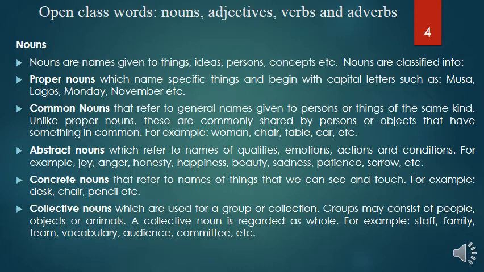There is also a collective noun. Collective nouns are used for a group or collection. They are names given to a group or collection of things, people, objects, animals, and so on. A collective noun is regarded as a whole.